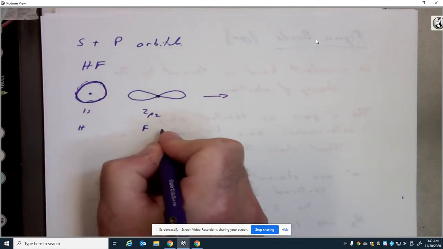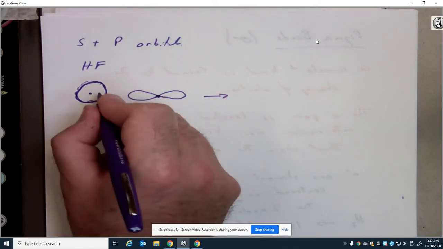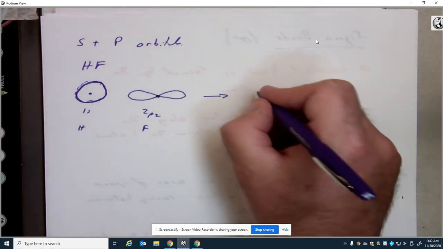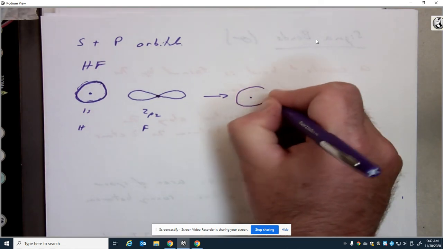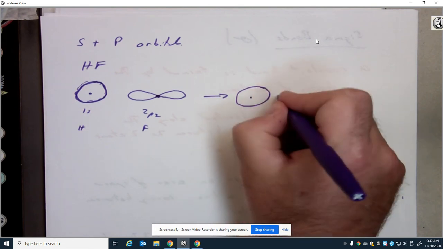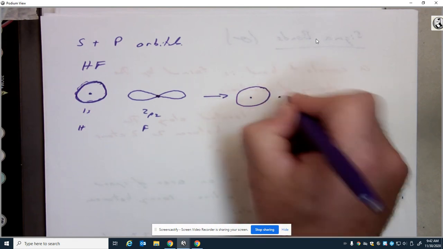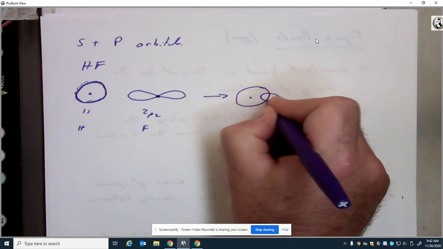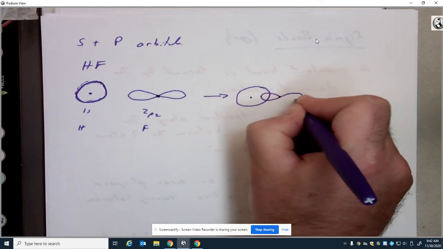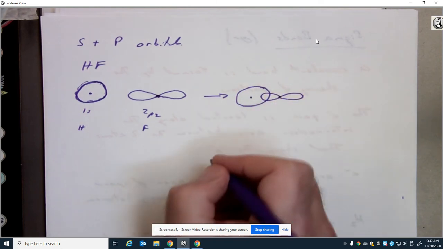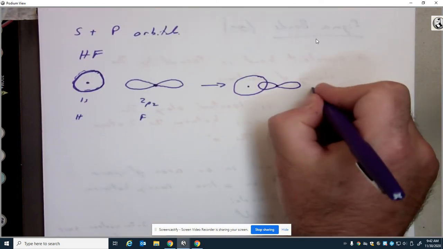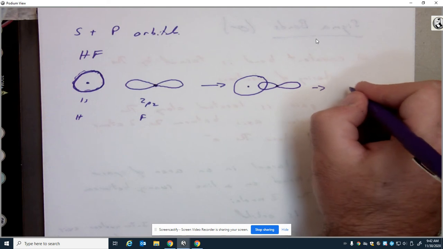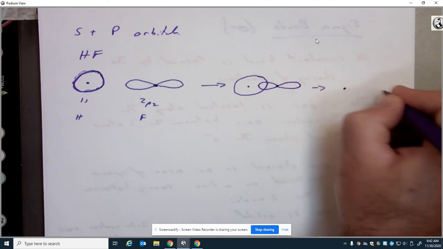Okay, so when HF comes together, they're going to share those valence electrons. We end up with something like this. So here's my hydrogen. Here's my fluorine. And when we actually look at this, it looks something like this. Okay, so here's the nucleus of this.